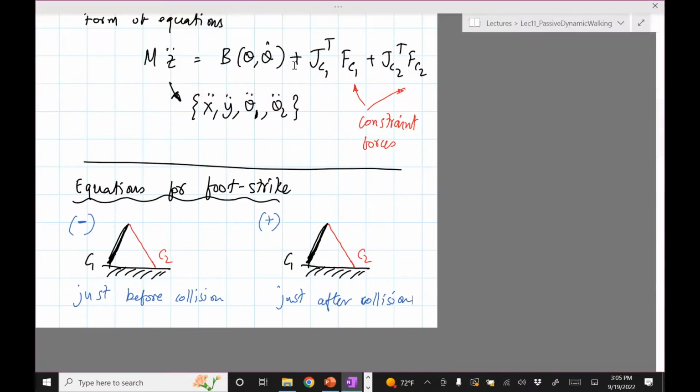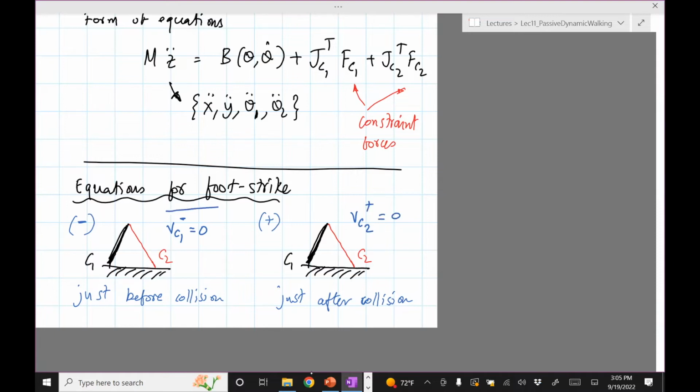What's different is the following: just before collision, the velocity of C1, and I'll put a negative to indicate just before collision, is going to be 0, right? Because that's the leg which was grounded. But after collision, C2 is going to be the new stance leg, which means that now the velocity of C2 will be 0, but that's positive.